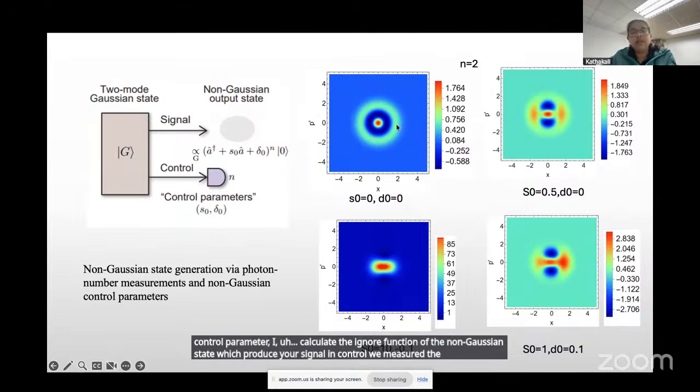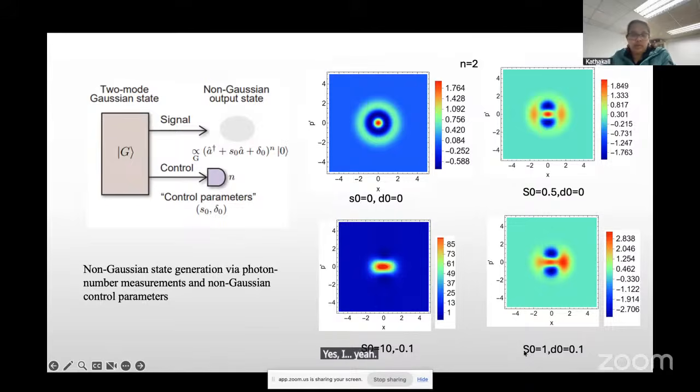Then if you increase the control parameter, you get a cat state.